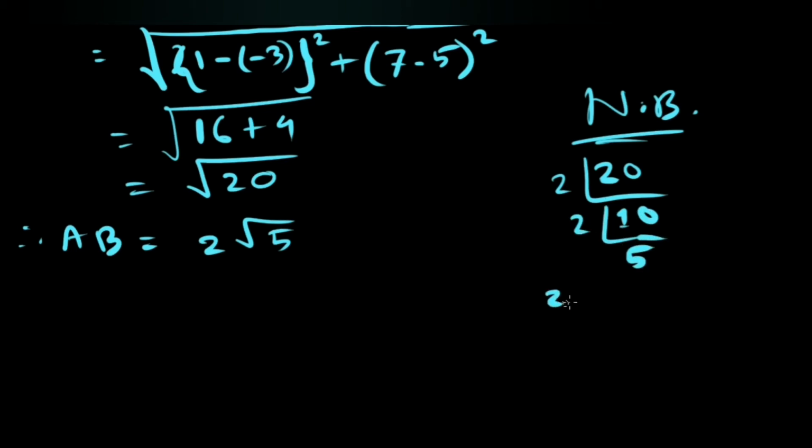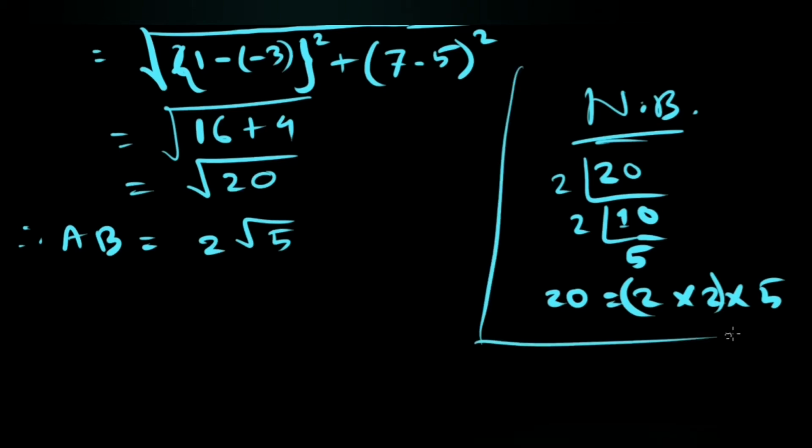As we have figured out, 20 can be written as 2 multiplied by 2 multiplied by 5. So from each pair we'll write one of the numbers outside of the square root, and the number which is alone will stay under the square root sign. So we can write square root of 20 as 2 root over 5. So this is a technique.